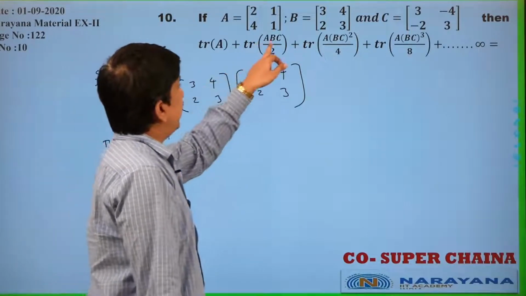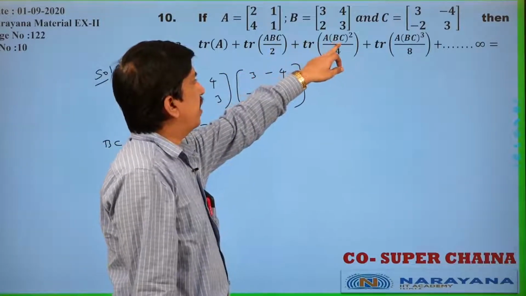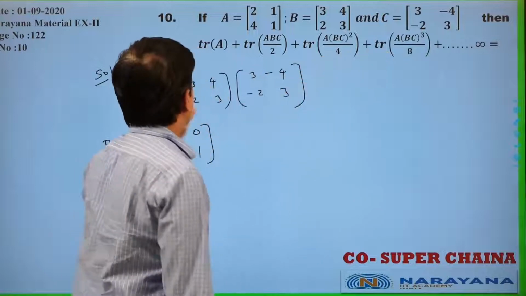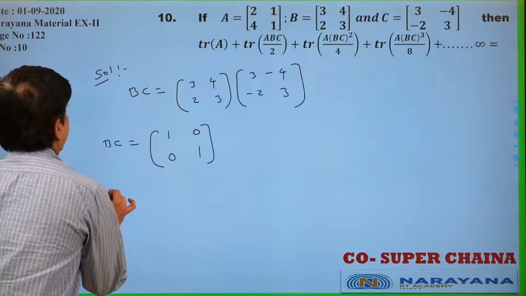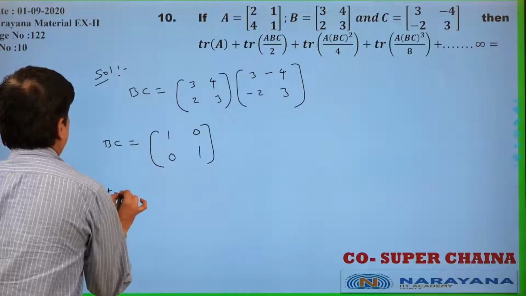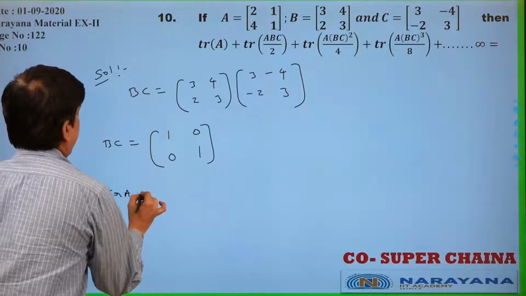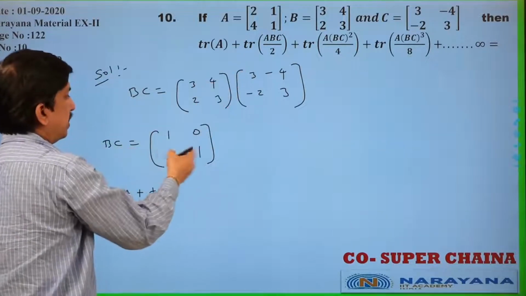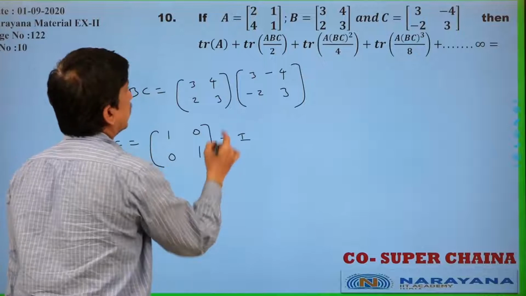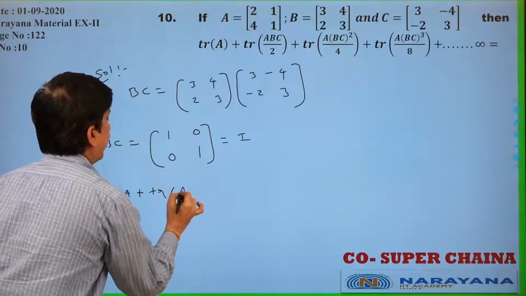So BC is I, so A into BC is A into I, BC square is I square, BC whole cube is I cube. So what will you get once you check this? Trace of A plus trace of ABC by 2, where BC is I, so that is trace of A by 2.